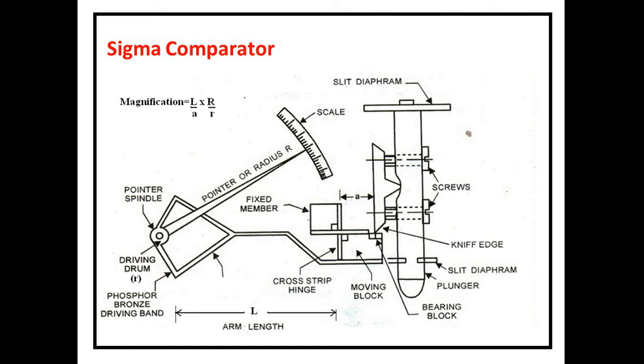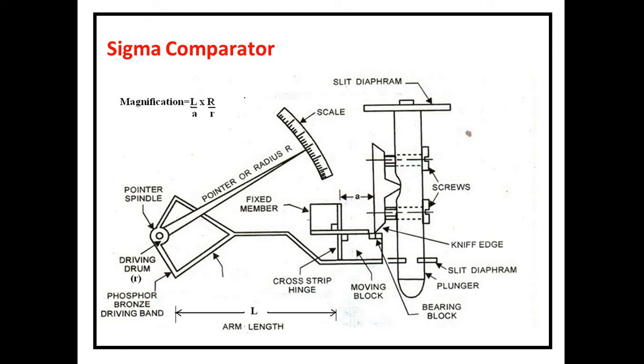It is used to obtain smooth, frictionless movement. That's why we want the movement of this plunger to be very, very smooth. There should not be any kind of friction between this slit diaphragm and the plunger. This movement of the plunger has to be very, very smooth, otherwise we are going to get the wrong dimension.